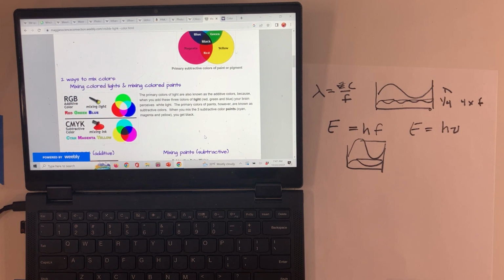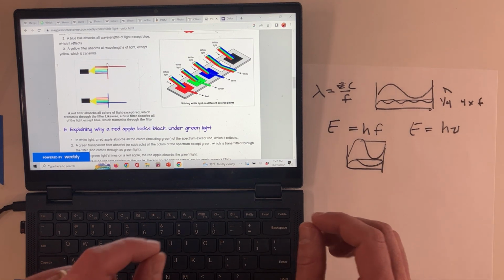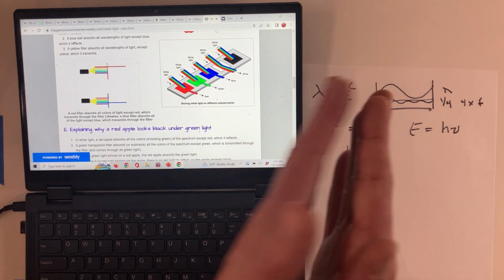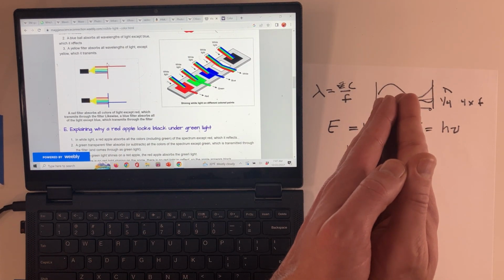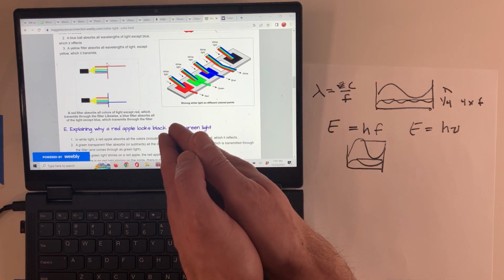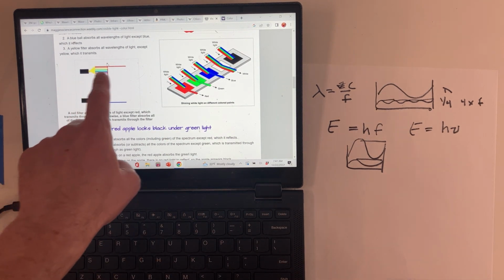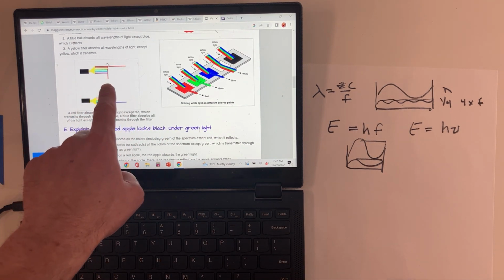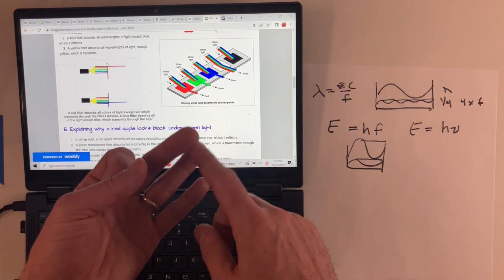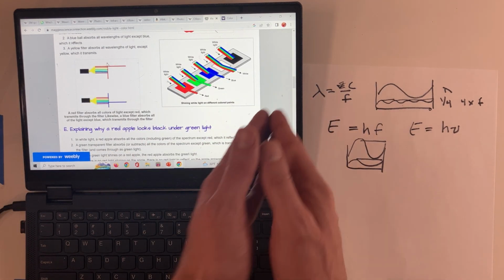But if you start putting this through filters, and so here is a red filter, the important thing about color, which is very counterintuitive, is if you see a color, that means the object is absorbing all of the other wavelengths. And so here, if we see red, that means the object is absorbing orange, yellow, blue, green, and purple, and only the red light is going through that filter.